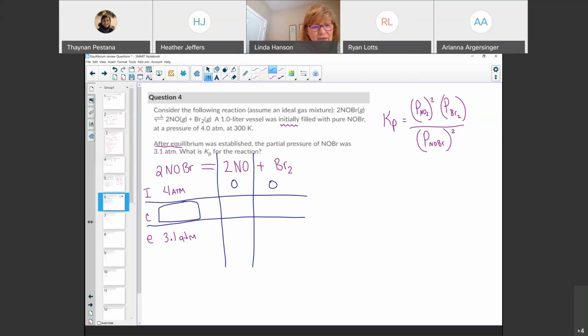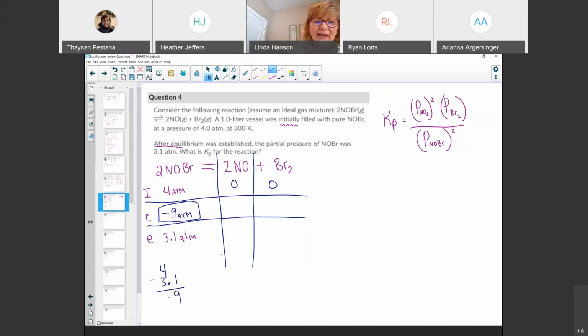Because I can subtract 4 minus 3.1 and figure out that it decreased by 0.9 atmospheres. So I'm going to make sure I say it's decreasing by 0.9 ATMs. Having the initial and the equilibrium lets me figure out the change.